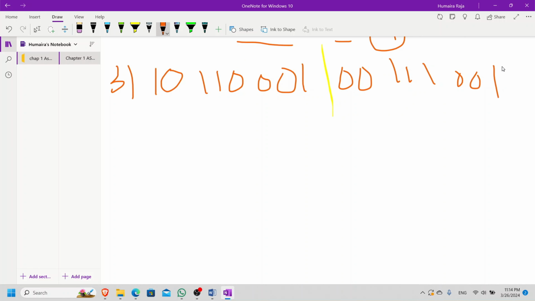So what you're going to do is assign them powers of 2, starting from 2 raised to power 0. So 2 raised to power 0 is 1, then 2, then 4, then 8, then 16, and I cannot write properly because I'm using my mouse. Then this is 32, this is 64, 128.